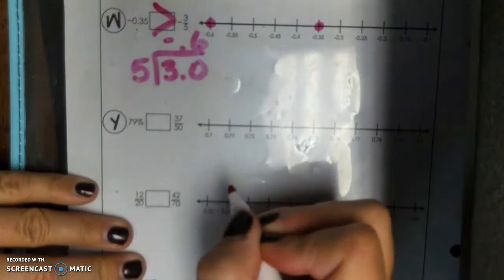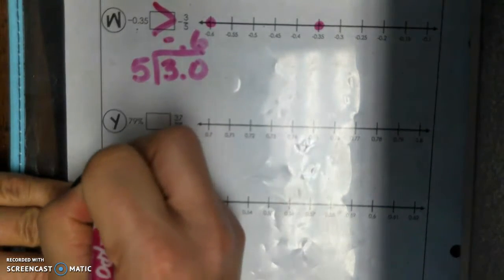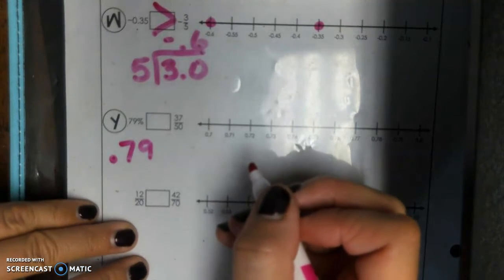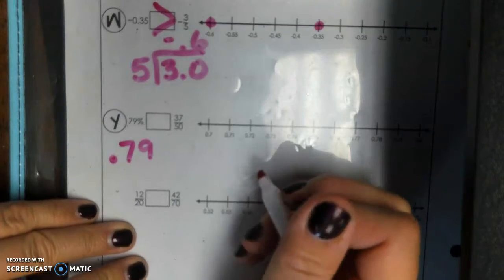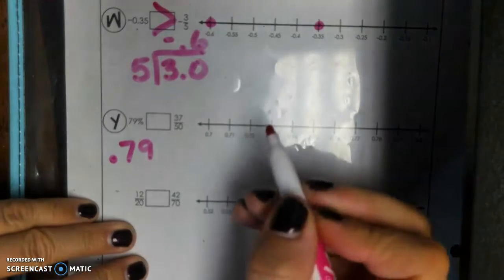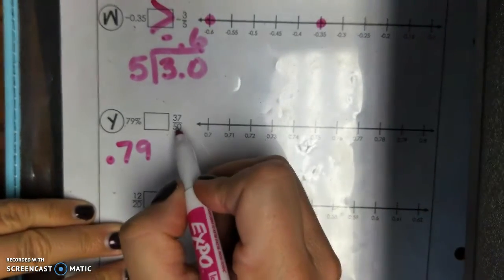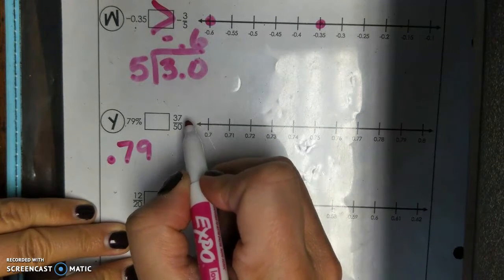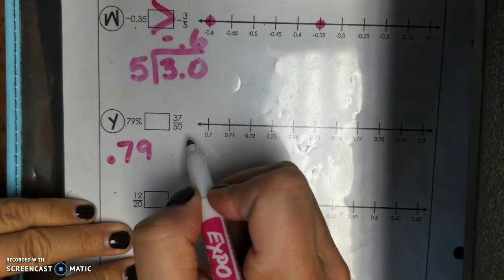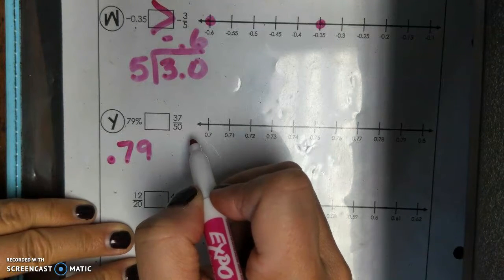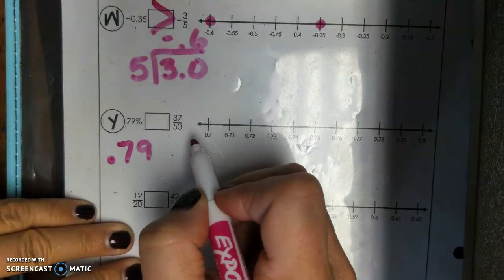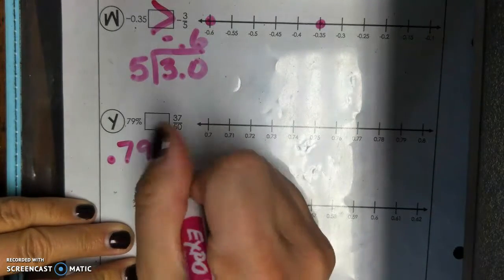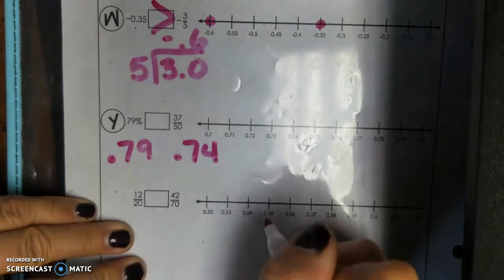This is the same as 79 over 100, which we know is 79/100ths. 37/50ths, okay, if I'm looking at this being 50 on the bottom, a nice way to make that a decimal would be to have 100 on the bottom, so I can multiply numerator and denominator by 2, and that would give me 54 over 100. 74, sorry. 7 and 7 is 14, 3 and 3 is 6, plus 1 is 7, so that would be 74/100ths.